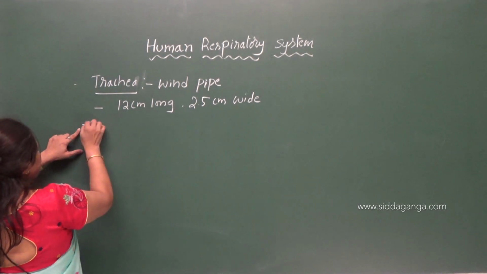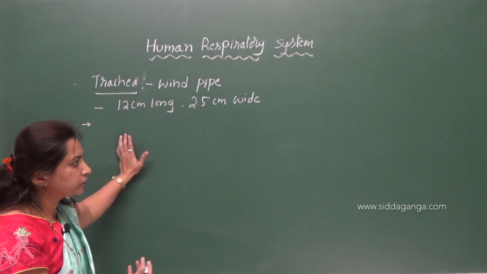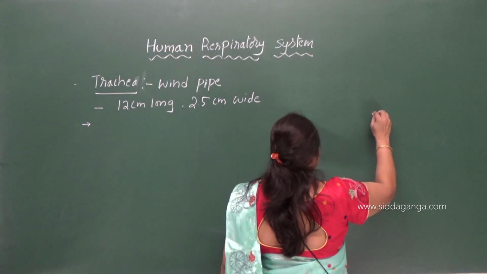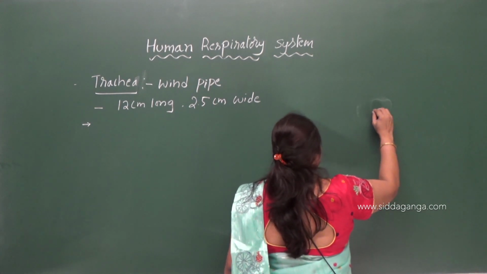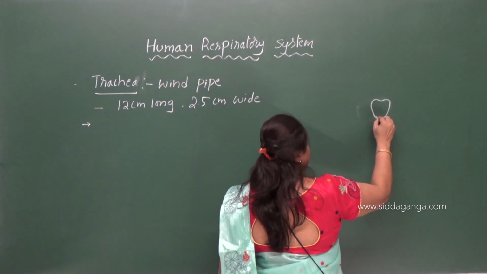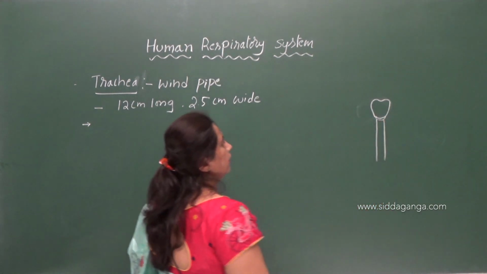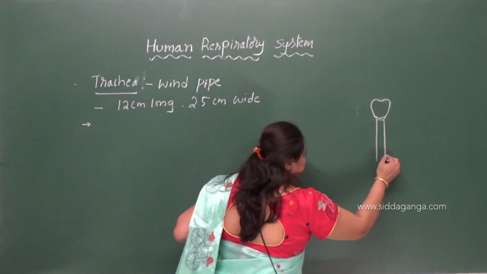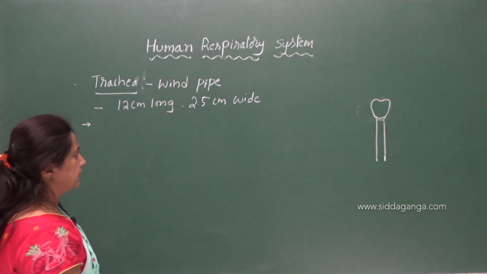So the trachea arises from the larynx. Okay, so here comes the larynx. So the trachea will arise from the larynx and it goes up to the mid-thoracic cavity.